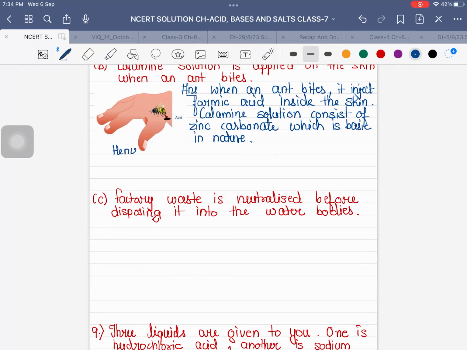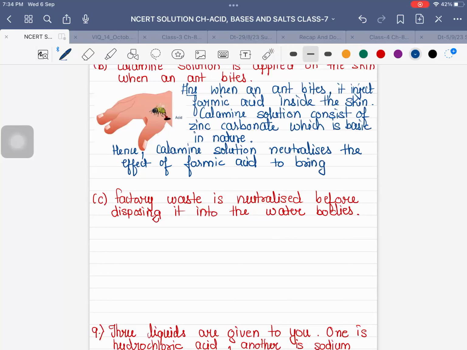Hence, calamine solution neutralizes the effect of formic acid to bring relief for the affected person.